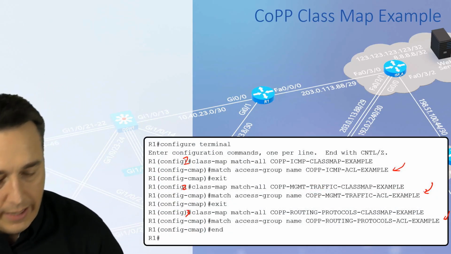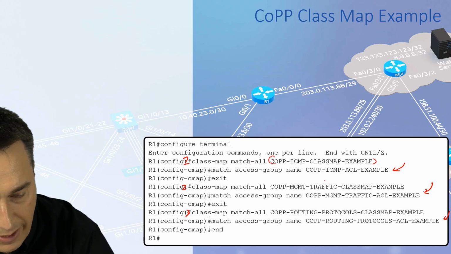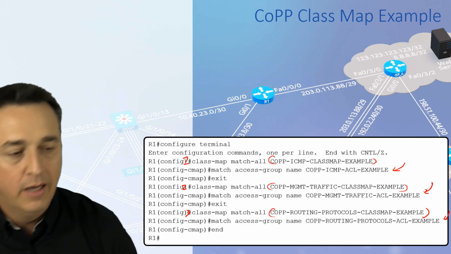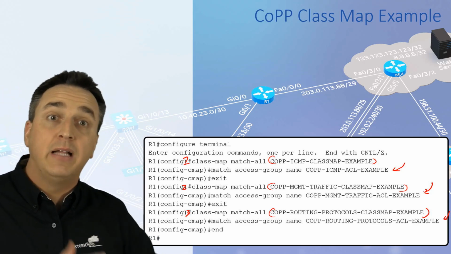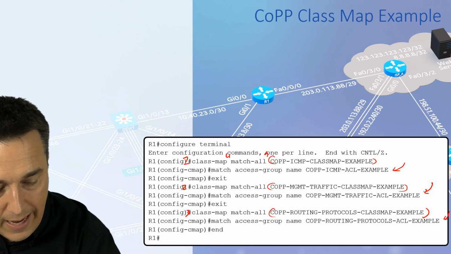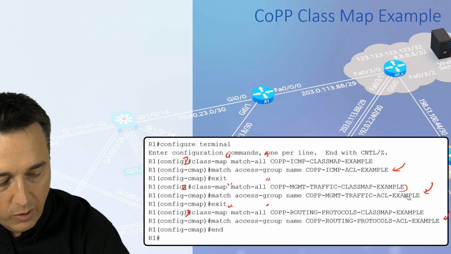Now, another thing to look out for is when you create your class map, you're going to give it a name. So later on, when you embed this name in your policy map, you're going to have to make sure it's the right name that's embedded in the policy map on the exam. But also this keyword here, match all. You see how it's match all? In this case, that is perfectly fine. Why do I say that?